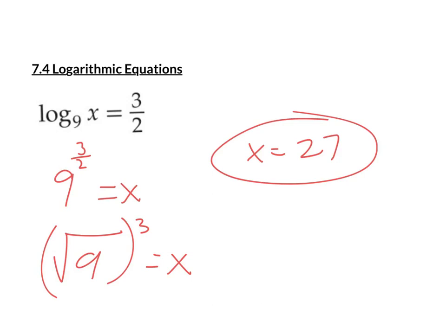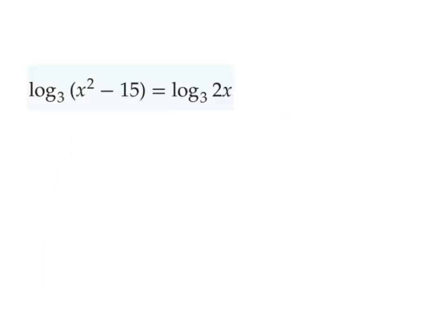The other thing that you're going to be doing today are equations that have logarithms on both sides, like this. Now, the types of problems that you're going to see are going to vary. But notice here on each side, it's log base 3 on each side. And there's only one thing, and notice why that's in parentheses. This is all the same thing.